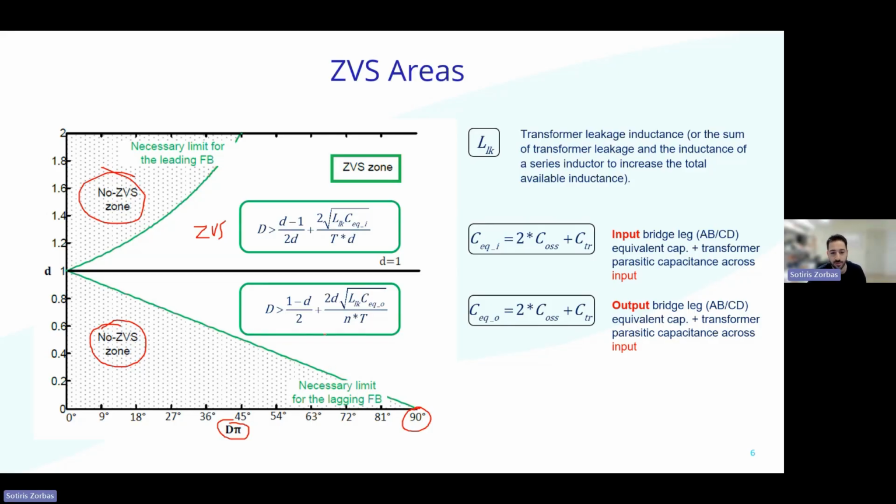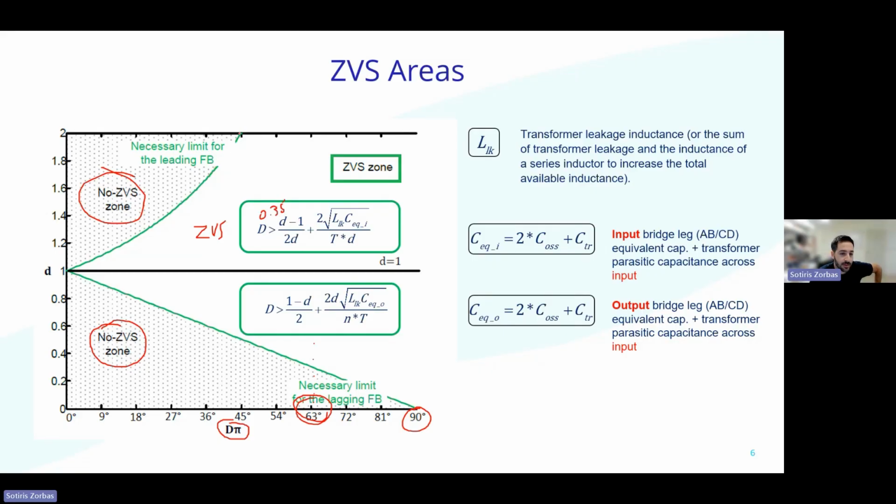So we will see that we will choose D around 0.35. So phases up to 65 degrees is a good compromise for this. So we will choose our converter to operate to a maximum dP of 63 degrees. Okay, let's put it into degrees.